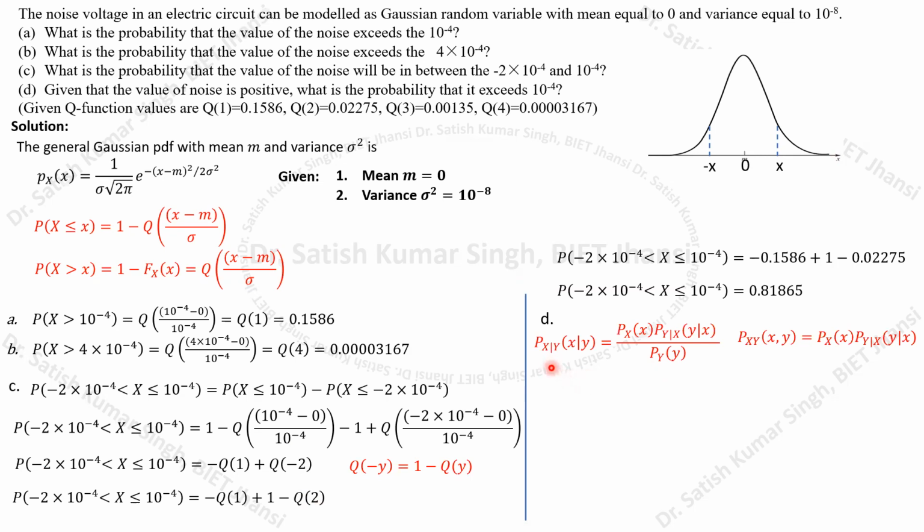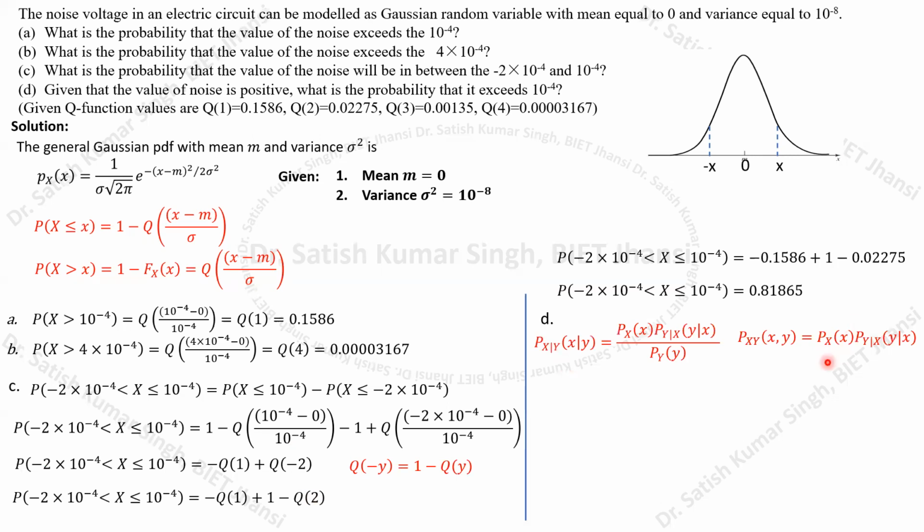If we have to calculate P(X given Y), in that case, this probability can be calculated by using this particular Bayes rule, in which we have to use the reverse conditional probability, or otherwise we can also use this formula. We also have the joint probability. So this joint probability equation: P(X,Y) will be equal to P(X) into P(Y given X).